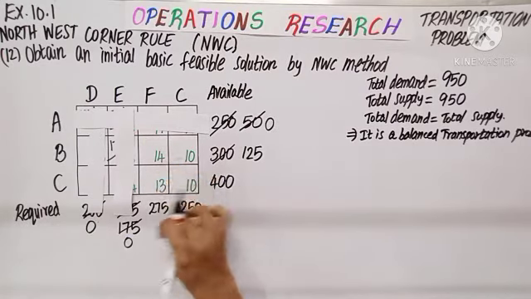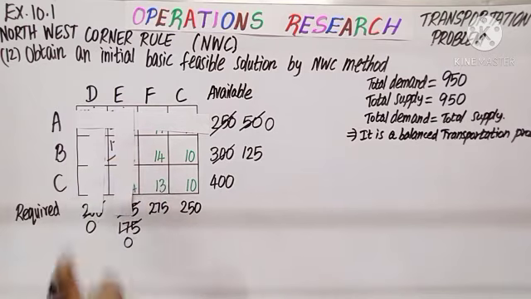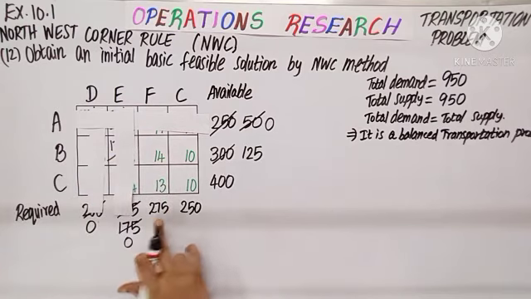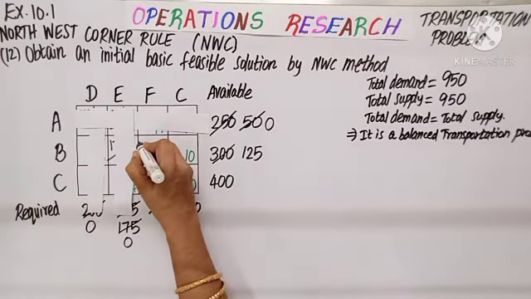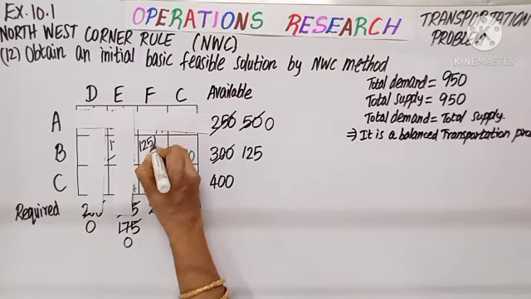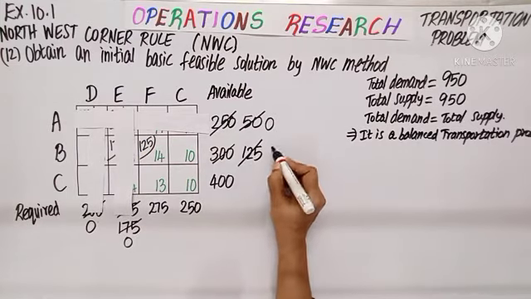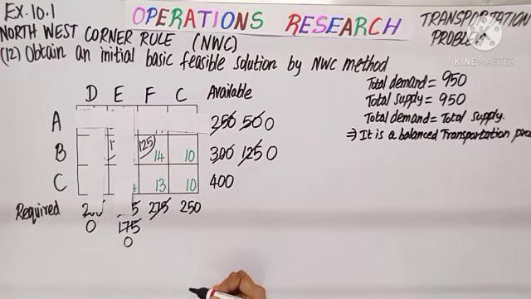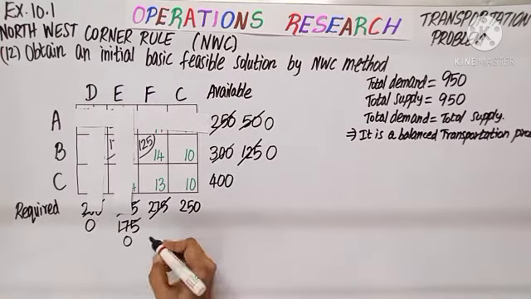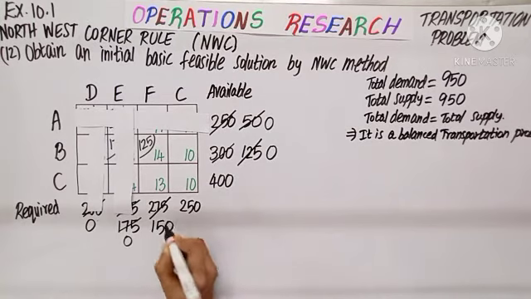In the remaining 4 cells, this is northwest. 275, 125. We have 125 to be the minimum. Allocate 125 here. So it becomes 0. Here 275 minus 125, that is 150. Now second row is done.